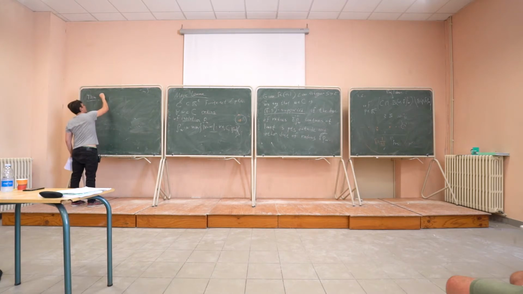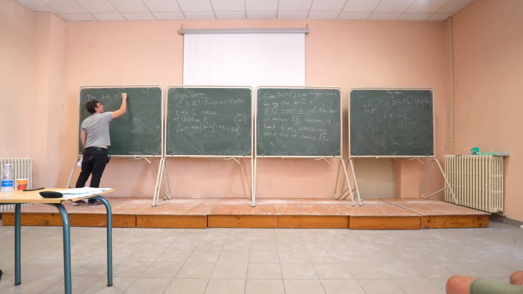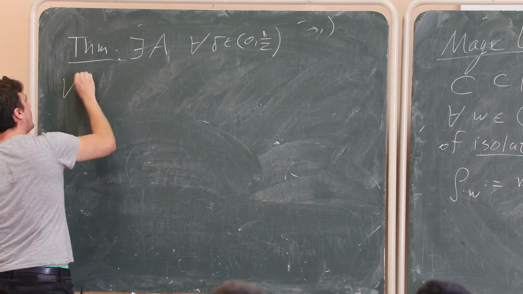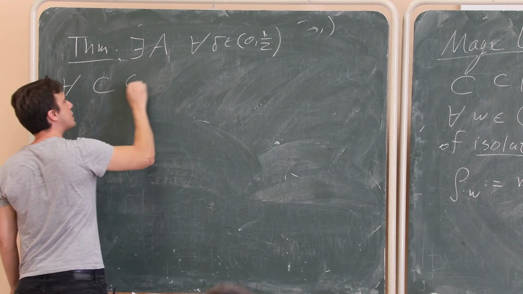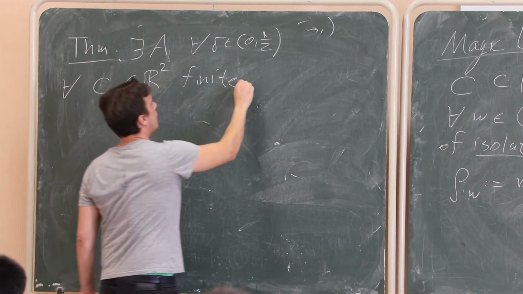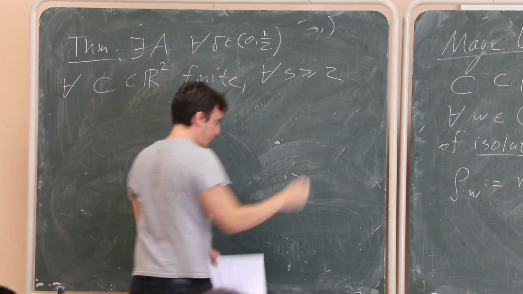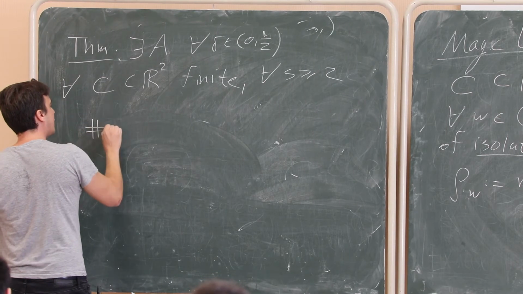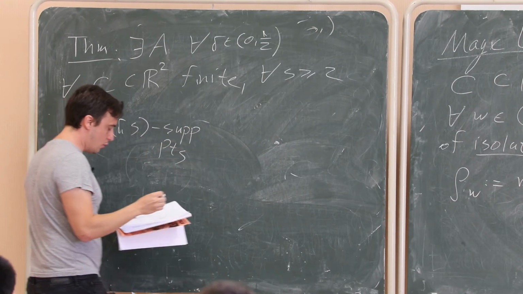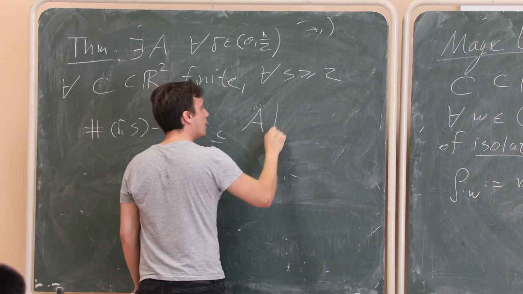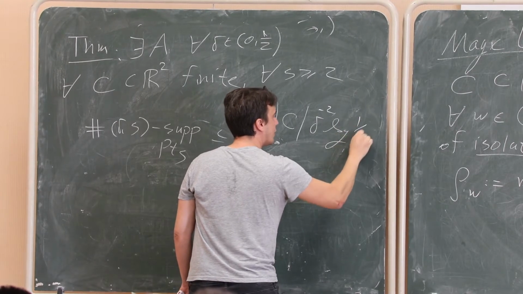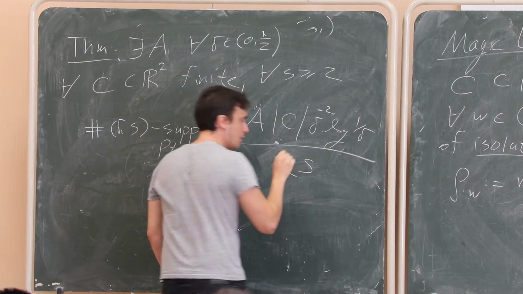Theorem: there exists an A such that for any delta between 0 and 1/2, so we think about delta as small, and any finite set of points C, and any integer S bigger than 2, the number of delta S supported points is no more than A times the size of C times delta to the minus 2, times log of 1 over delta, divided by S.